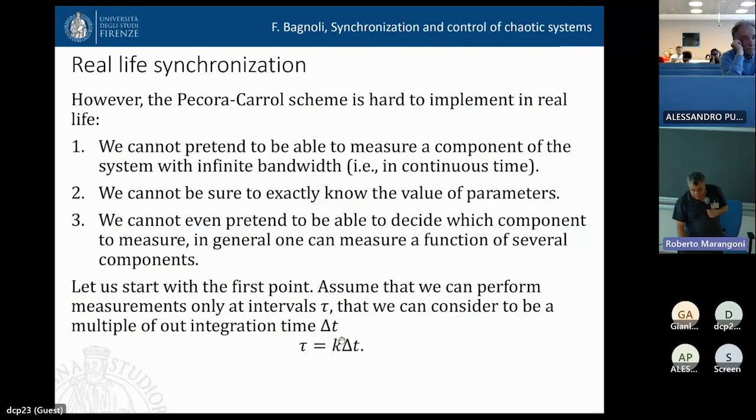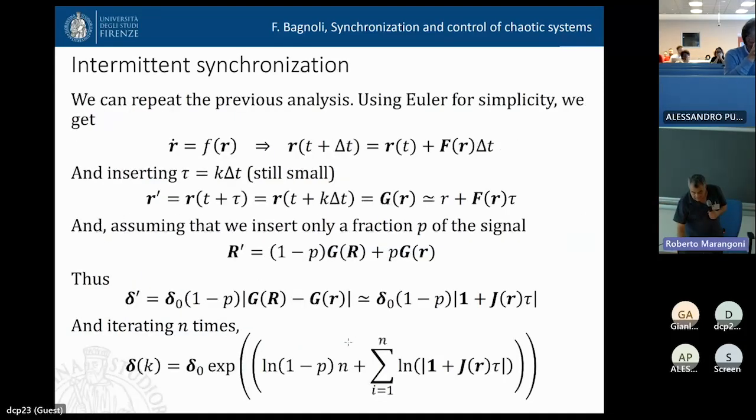And so, for instance, we see, which is quite understandable, that if you perform measurements every delta t, it is like having a Lyapunov exponent multiplied by delta t, because clearly it expands for a certain amount of time. And so actually you can synchronize also using intermittent synchronization. Instead of pushing the systems together all the time, you can push them only after a certain interval.